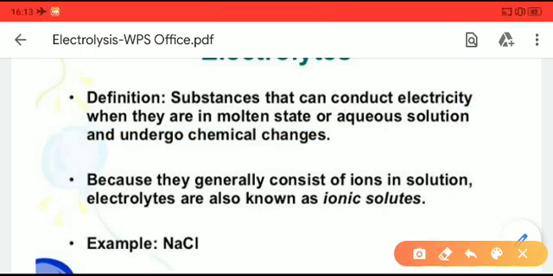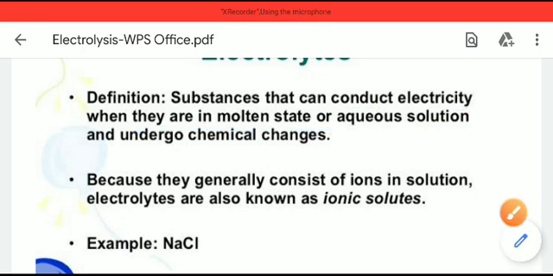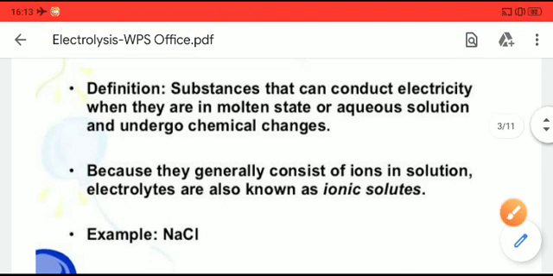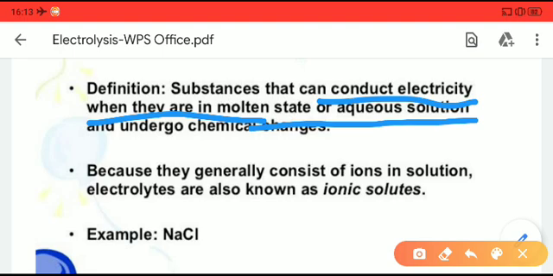Electrolytes are basically the ionic compounds that get decomposed, and those can conduct electricity when they are in molten state or in aqueous solution.